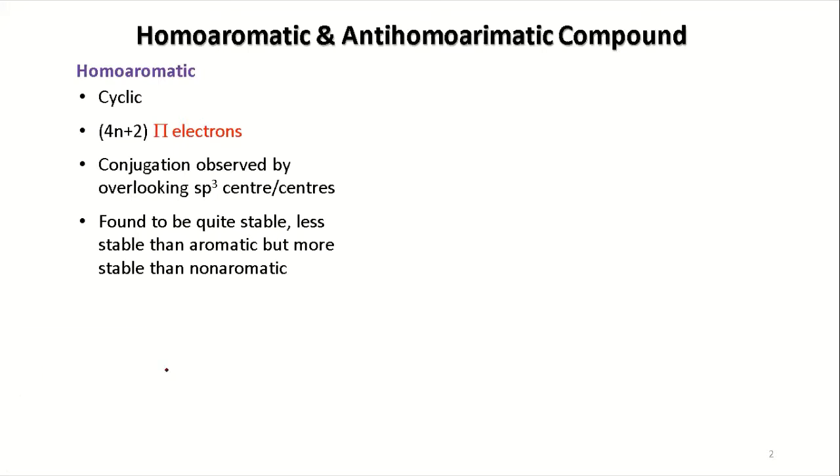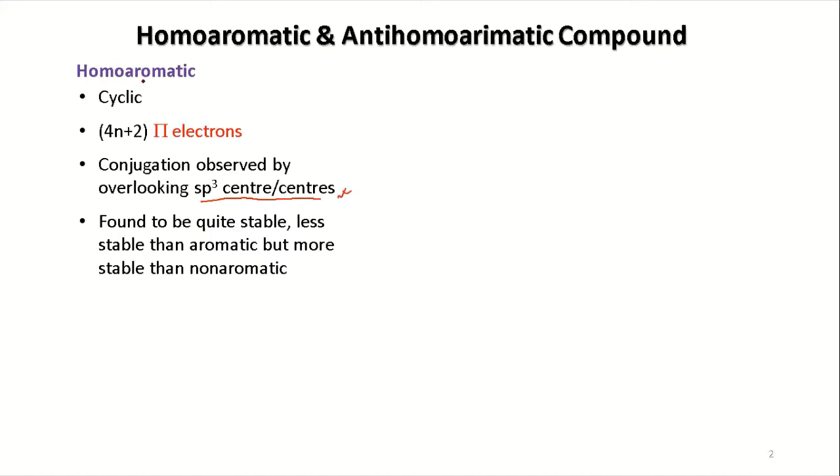If I try to summarize, the main difference of a homoaromatic compound from an aromatic compound is that the conjugation will be observed by overlooking sp3 center or centers. This is the important part. The remaining parts will be similar.